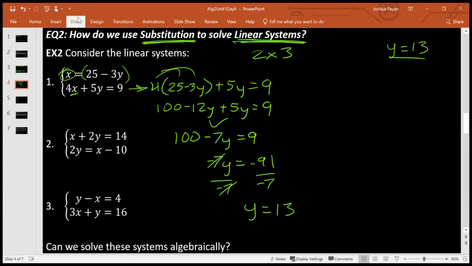Now I can substitute again. And you're probably wondering, well, substitute how, you fool? Well, I know y is 13. I don't have to say it's an unknown variable y anymore. I can take that y and plug it in here or here if I want. I think I'm just going to plug it in here because x is already by itself on this one.